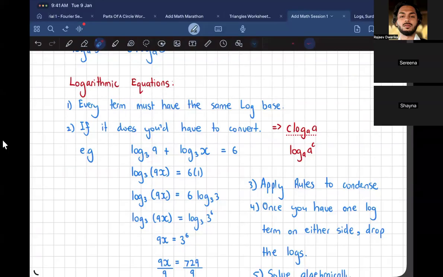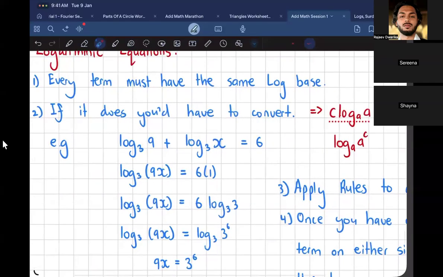So tell me, Shayna, 6 is the same thing as 6 times 1. And if I'm dealing with log base 3 and I wanted to write 1, that would be the same thing as log base 3 what?